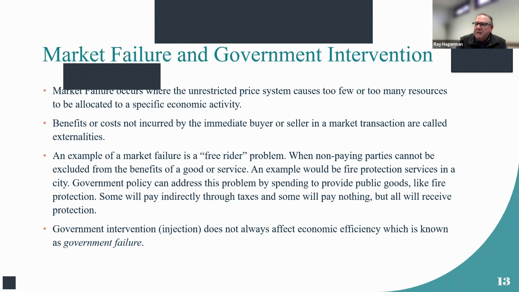In the example I just gave, they might be able to exclude if the bus driver was paying attention, but there are times that you just can't exclude them. For example, what if you decide to provide fire protection in your community?